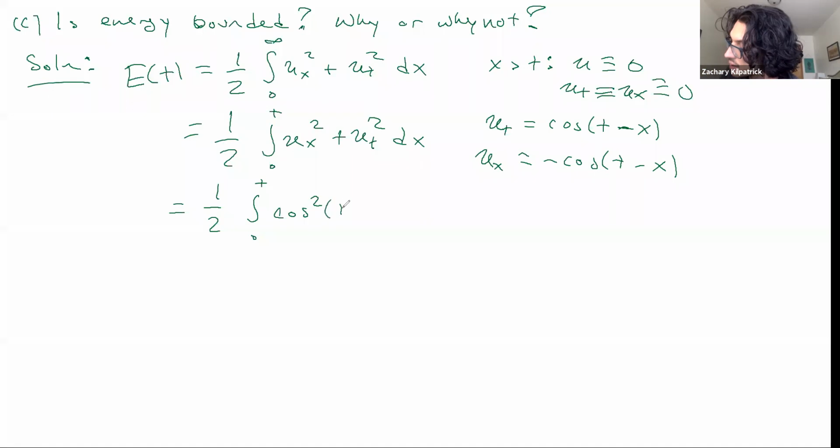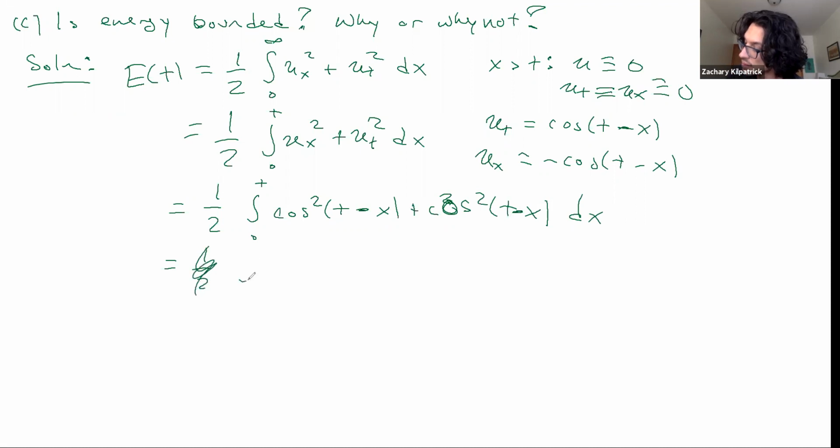So cosine squared of t minus x plus cosine squared of t minus x, with a half out front. That's really messy. So this is just 2 cosine squareds of t minus x, right? So then I can just combine them, and I get just cosine squared of t minus x, right?